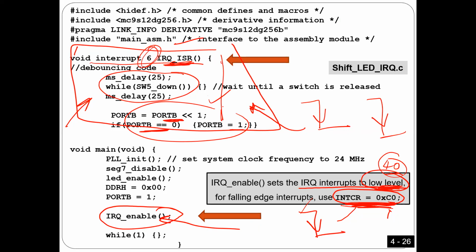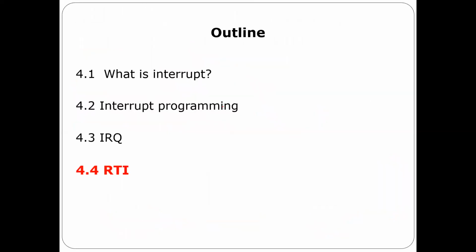Okay. Now I'm going to move to RTI. The good thing is, as I said before, guys, there are 2 very good things here. Number 1, if you learn how to program one interrupt, it's easy to program the others because all of them work almost the same way. Number 2, if you learn how to program IRQ, I'm going to use the same code all the time because it's like a configuration.